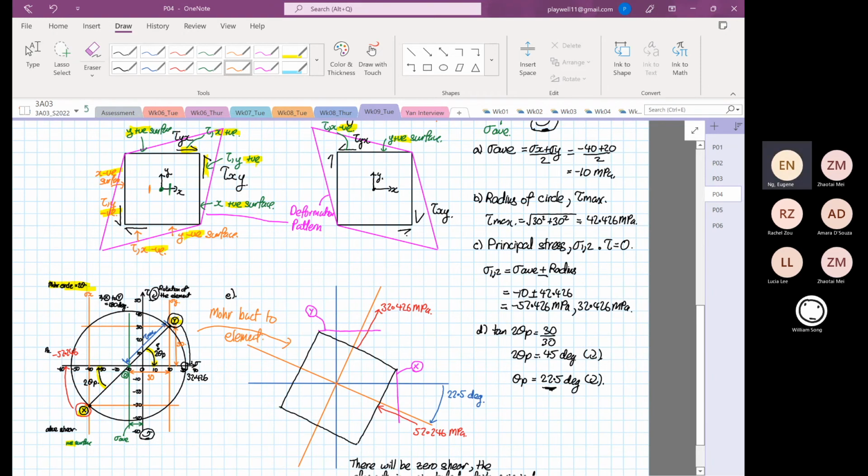Because element is the real world. Element is like strain gauges put on a structure. Mohr circle is a tool of analysis. So I feel that relating the two is important, or not.